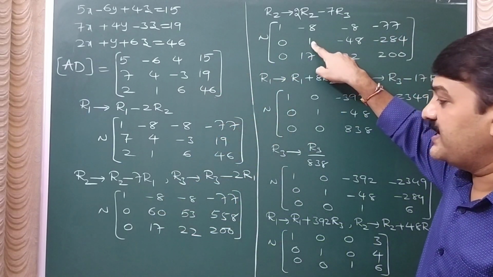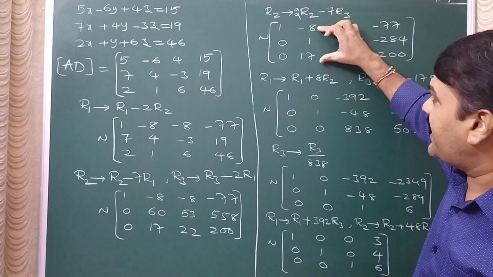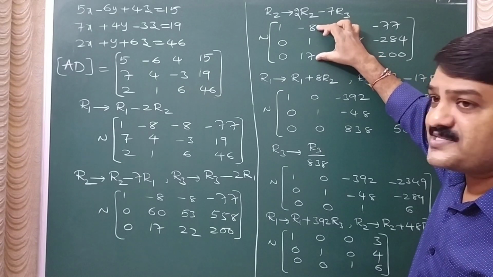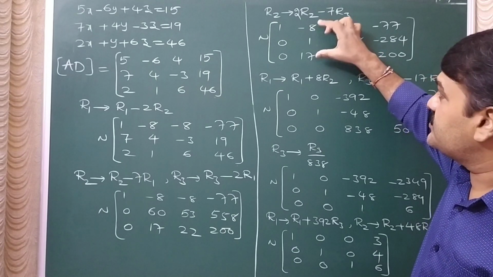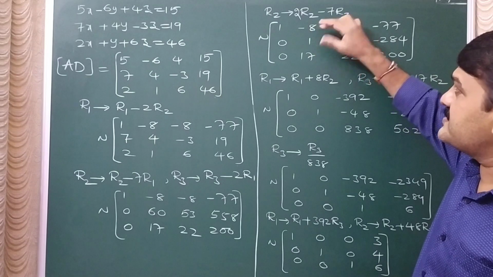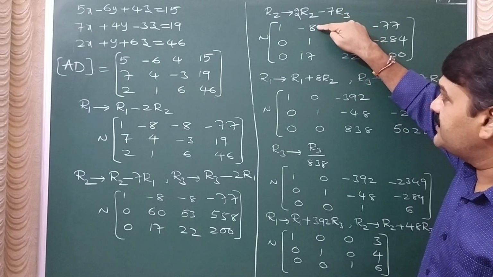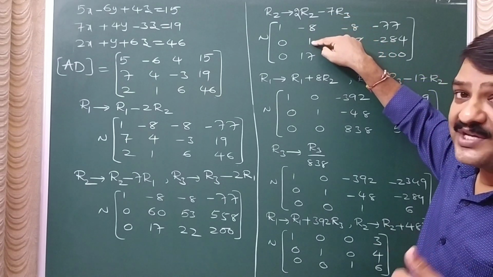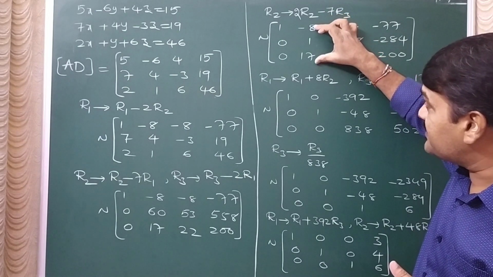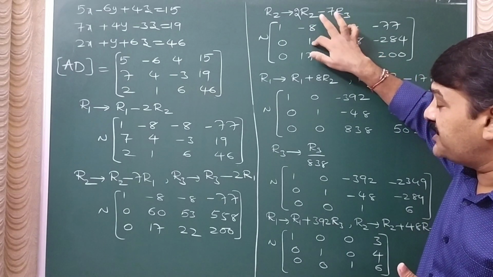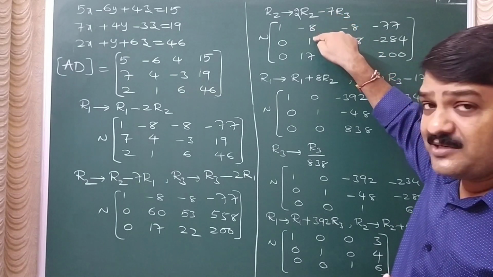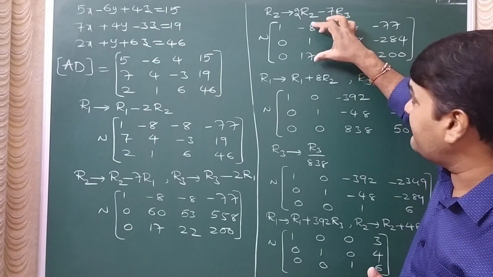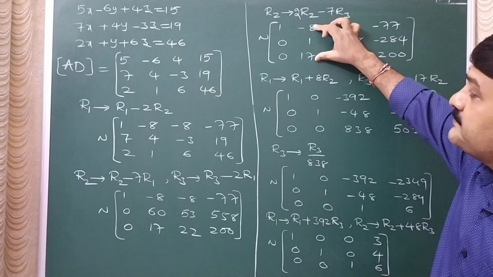Once we get 1 in the middle place, we have to get 0 in these two places. To do that, we can use R1 plus 8 into R2. We have to use this middle number only. We get 1 in the middle place, and using that 1 we will get 0 in these two places.